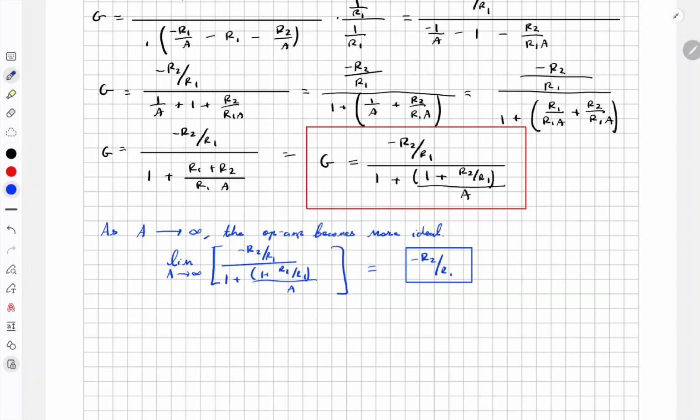Now, let's think about something a little bit more interesting. We have talked in the past that V out is equal to negative A, since it's an inverting configuration, so it flips the output, multiplied by V plus minus V minus.